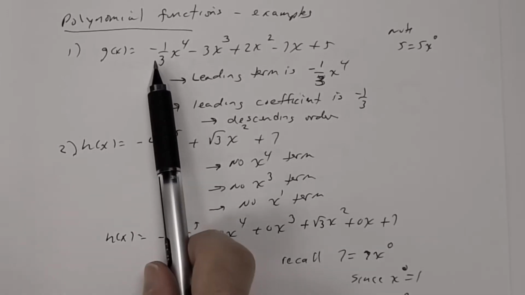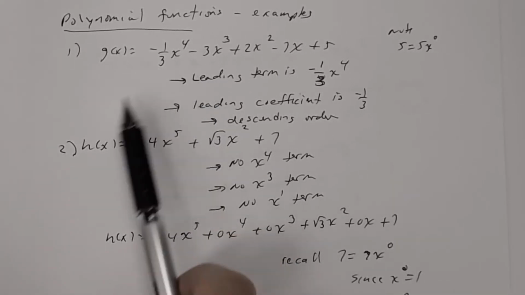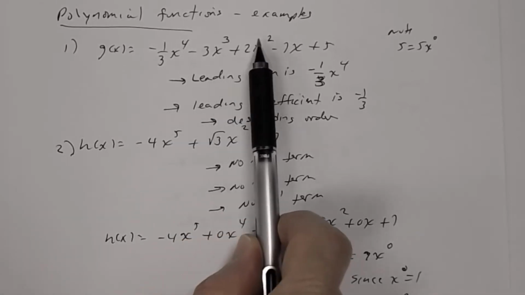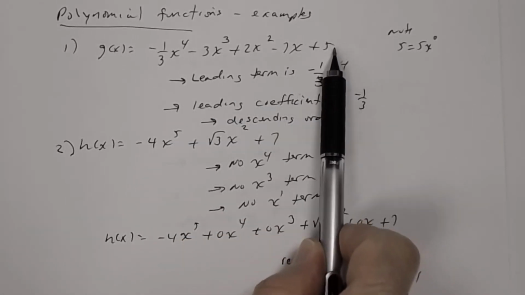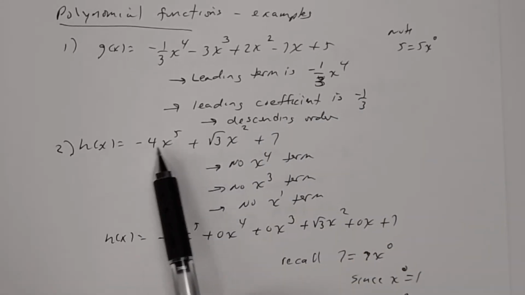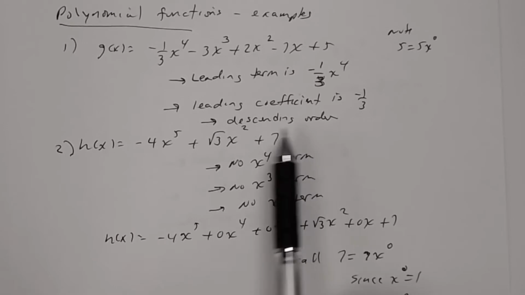Why? Because notice that both number 1 and number 2 are in descending order. 4, 3, 2, 1, 0. Your constant term has exponent 0. Number 2, 5, 2, 0.